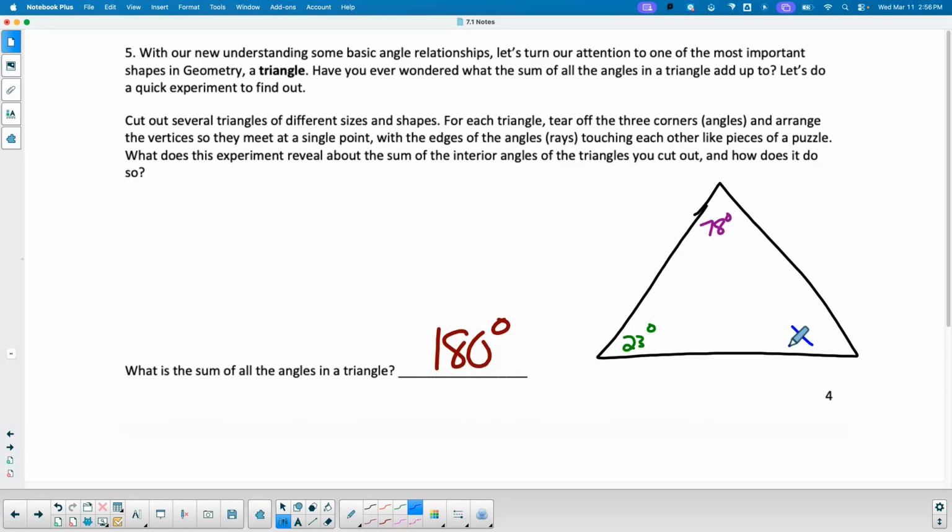So what would the equation be that I would set up here? 78 plus 23, I'm color coding because I like to color code, plus x equals how much? 180. Okay? 78 plus 23. 101? Subtract 101.